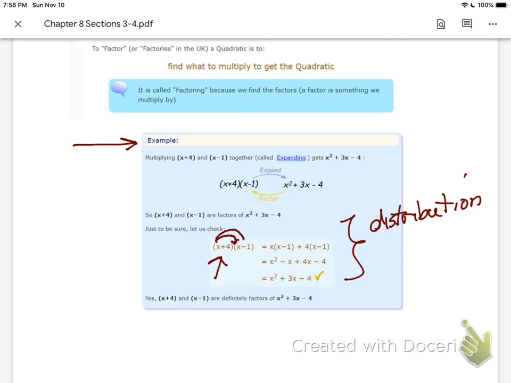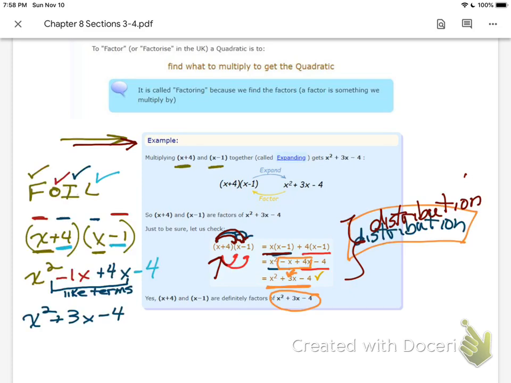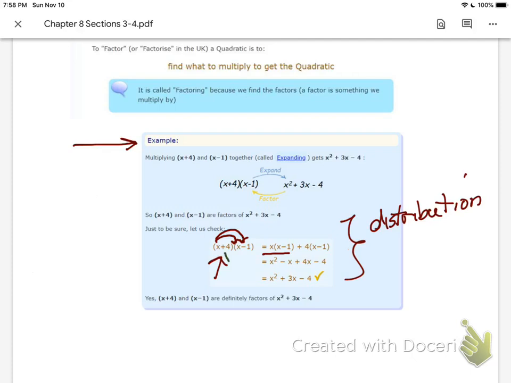Then we're going to multiply it by a negative 1. Okay, that's the setup. Then what's going to happen next is they're going to take the 4 and multiply by the same two factors, and then they're going to add both of those together.